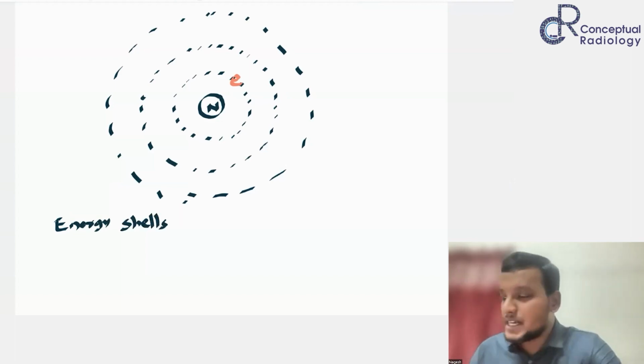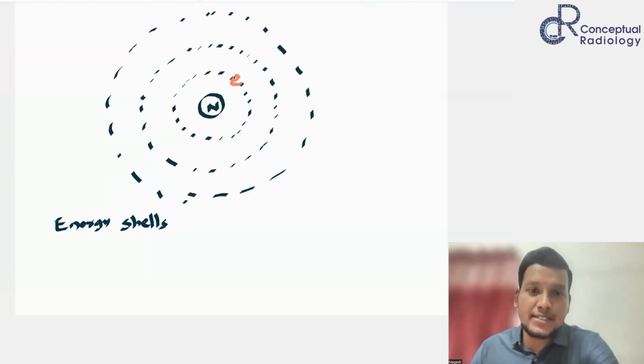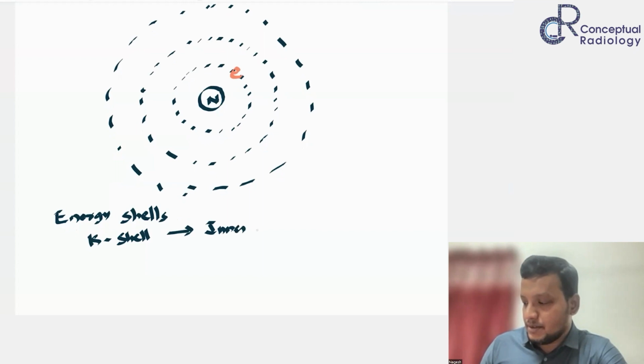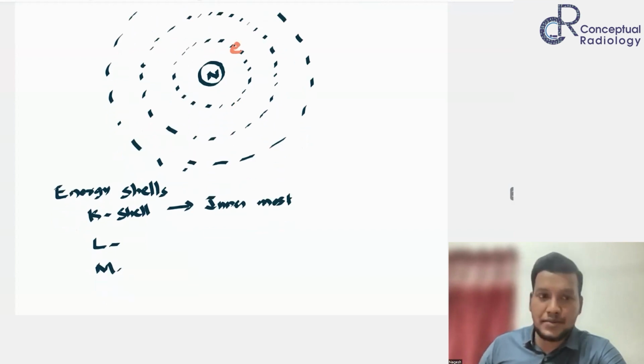The electrons are arranged surrounding the nucleus in definite energy shells, which are named K shell, which is the innermost shell, L shell, M shell, and so on.